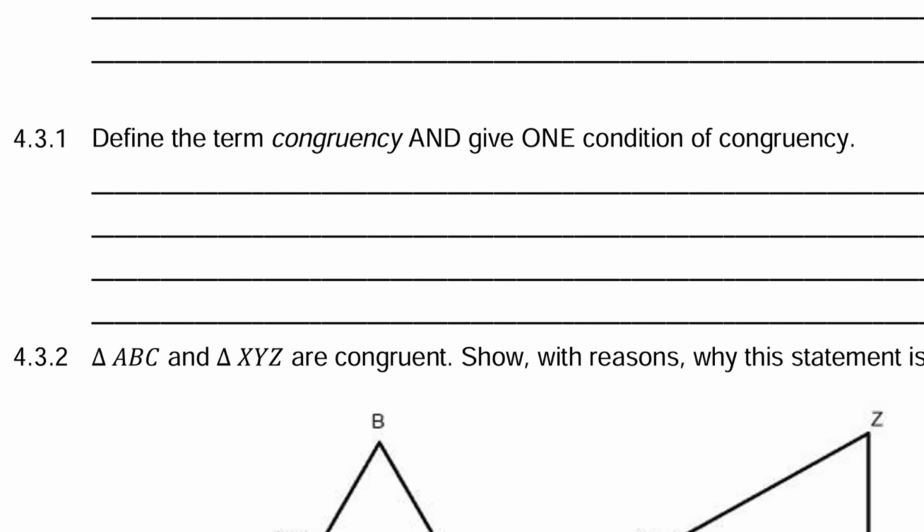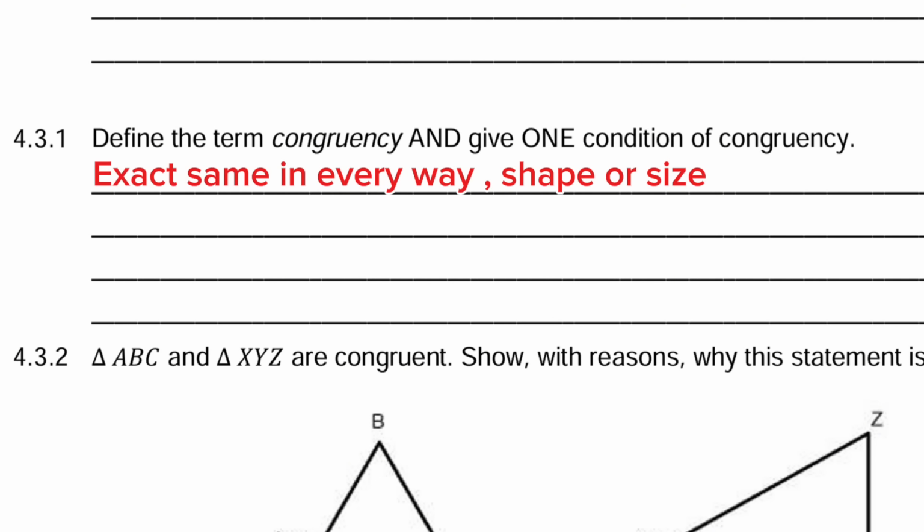4.3.1. Define the term congruency and give one condition of congruency. Well, congruency simply means to be the exact same in every way, shape, and size. Okay, so the shape and the size are exactly the same. So congruency just means that it is equal. One of the conditions for congruency is that all the sides are equal. And if all the sides are equal, you know that the two triangles are congruent.